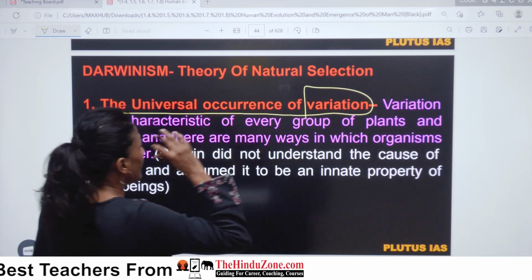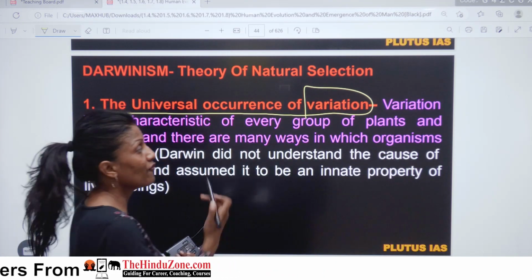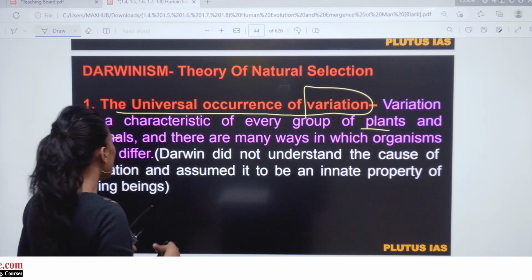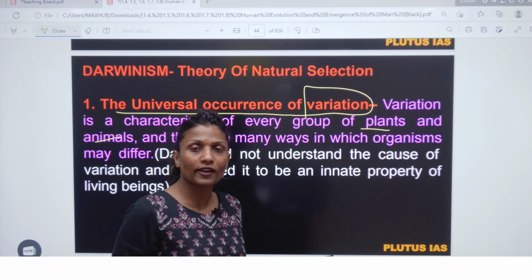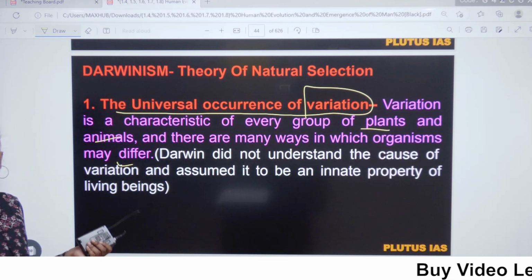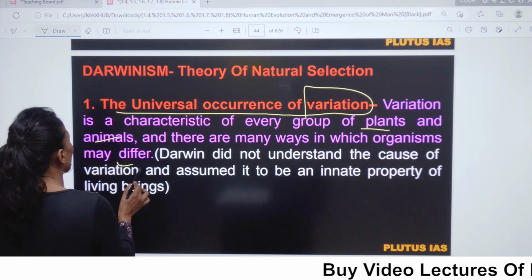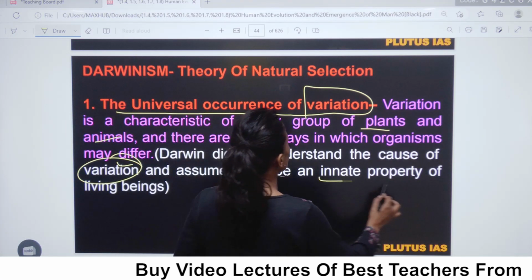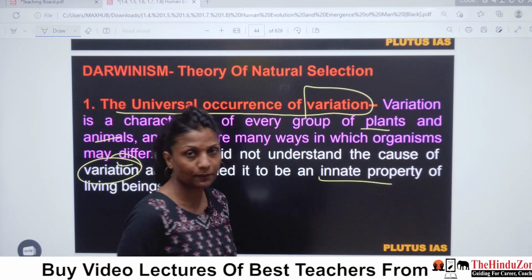Whatsoever group we have, whether of plants or animals, there are various other organisms which may differ from us. And at that point of time, Darwin did not understand the cause of variation, and he simply said that it is an innate property of living beings.